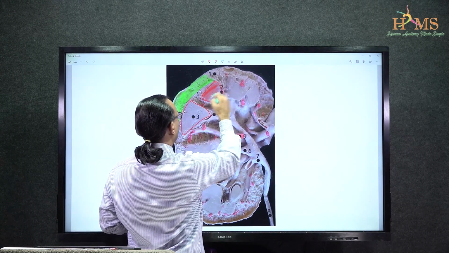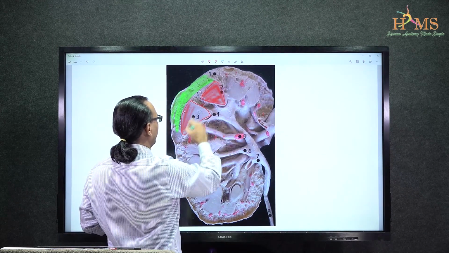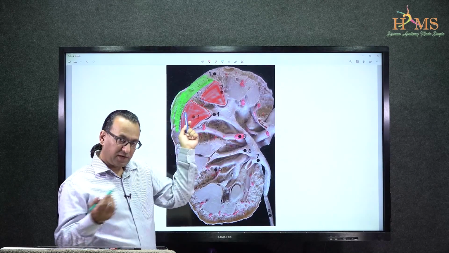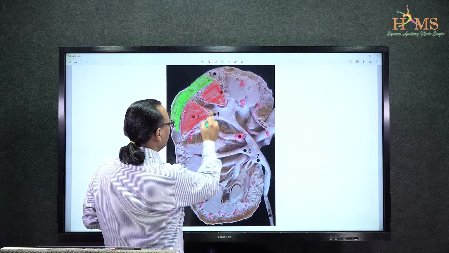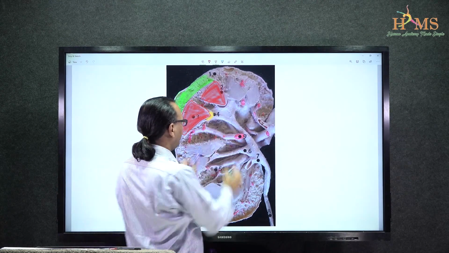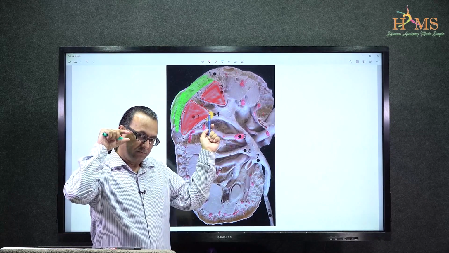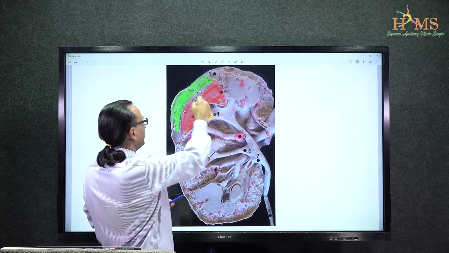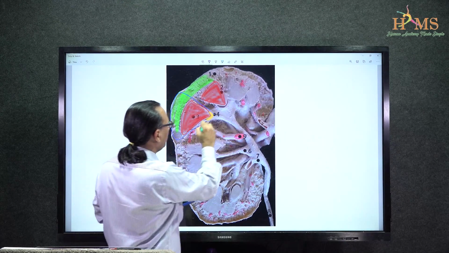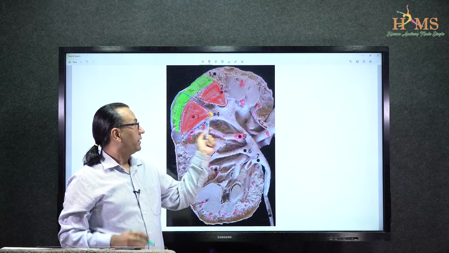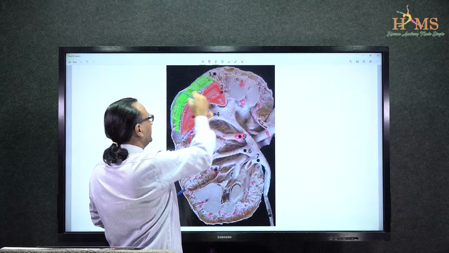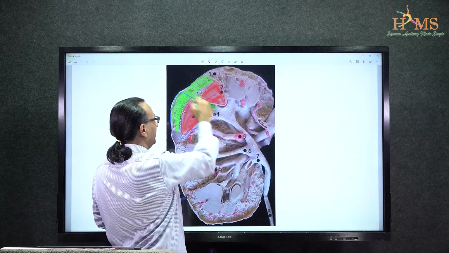If we include one medullary pyramid and the cortex related to it, and also the renal sinus where you have the renal papilla putting the urine into the minor calyx, then this is considered one lobe of the kidney. Plus you can show the renal columns of Bertini as well, which are sandwiched between the renal medulla.